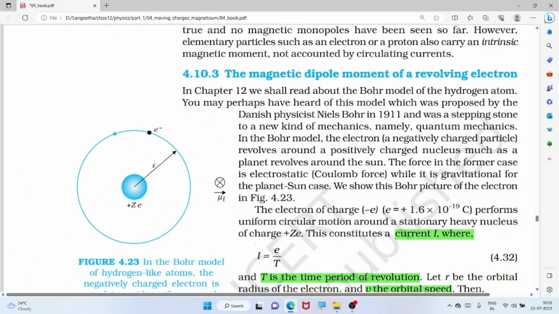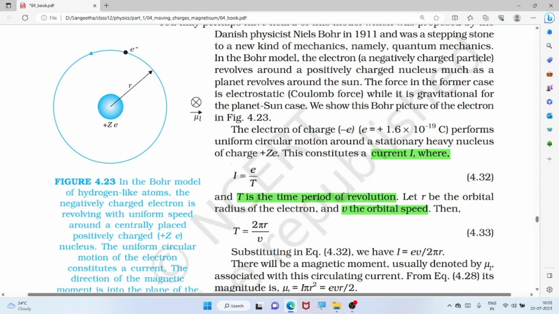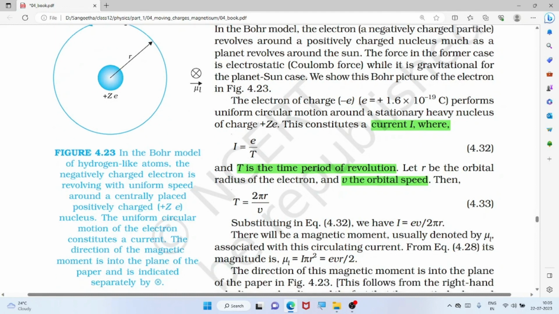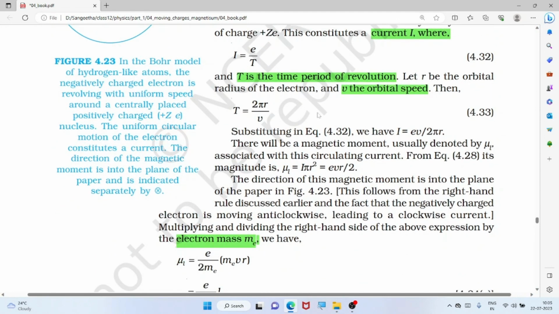Magnetic dipole moment of the electron. The electron is revolving around the nucleus. What is the magnetic dipole moment? Electron is revolving, so it constitutes a current, given by e by T, where T is the time period of the revolution and v is the orbital speed.